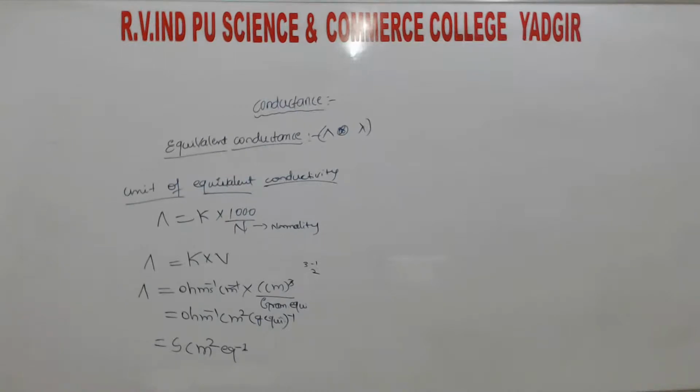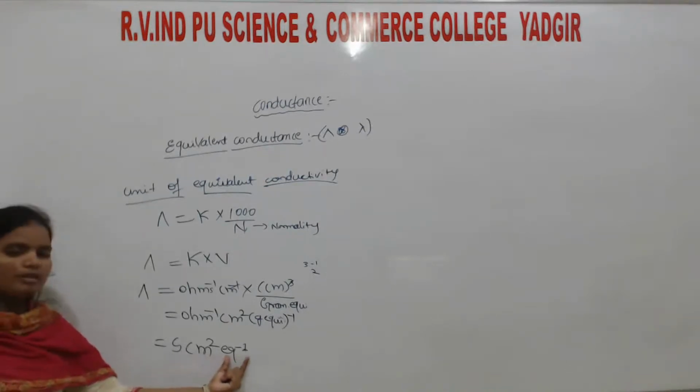In SI unit, in another form, you can write this lambda. Therefore, this is equal to 1 Siemens centimeter square per equivalent, which equals 10 to the power of 4 Siemens centimeter square per equivalent.